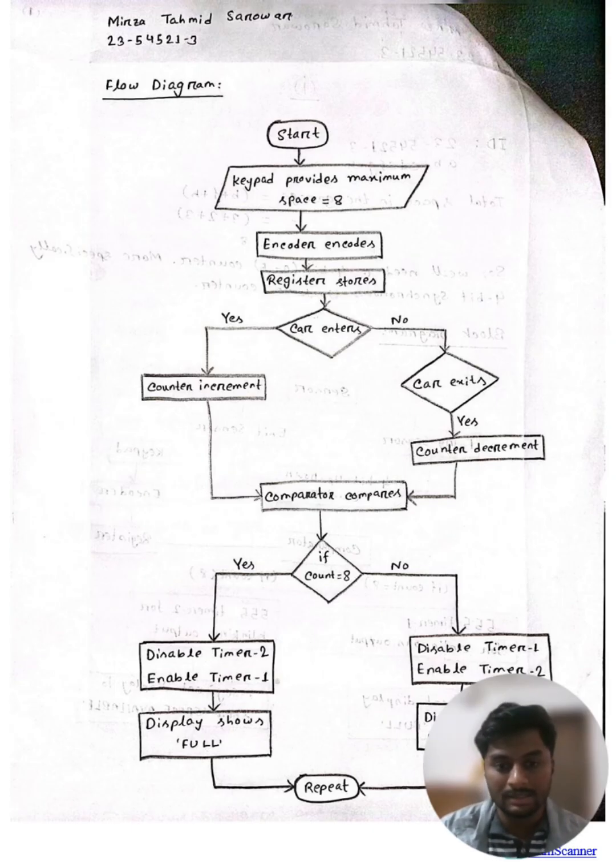If a car exits, the count decreases, and then the increment and decrement results are compared. If the count is 8, the 7-segment display will show full, which disables timer 2, which we used for blinking, and enables timer 1, which is for showing the text full. This whole process repeats after a car enters or leaves.